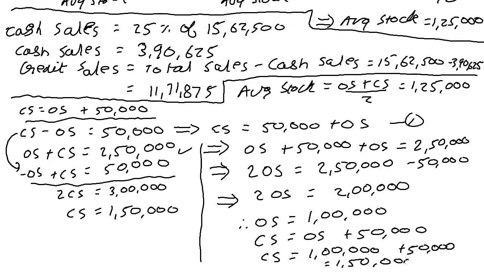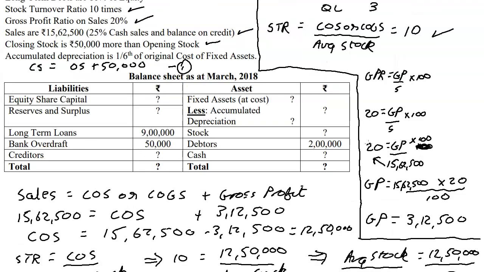So it doesn't matter which method you use, simultaneous or you simply substitute. Either way, you're going to get the same answer. Closing stock, by the way, is one of the items here, so I'm going to go ahead and put 1,50,000 in the balance sheet. So 1,50,000 done.